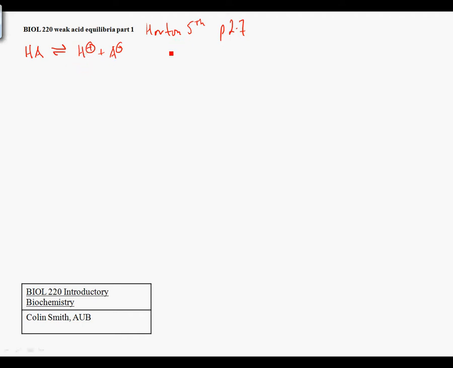So we see several things here. We can talk about this being governed by a constant. That would be the Ka, and the Ka would be equal to the concentration of hydrogen ion times the concentration of the conjugate base divided by the concentration of the acidic species.